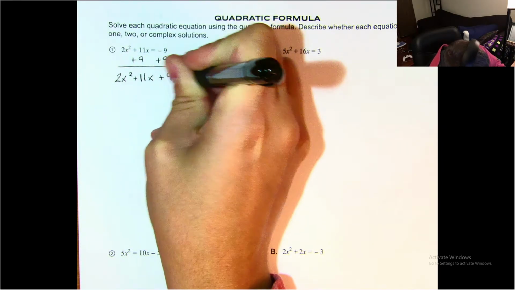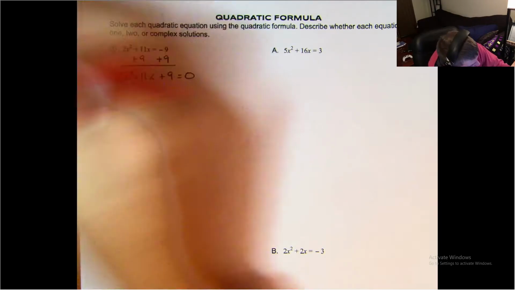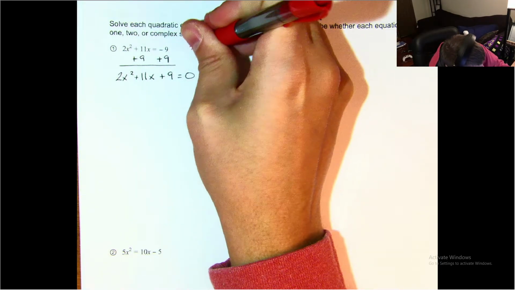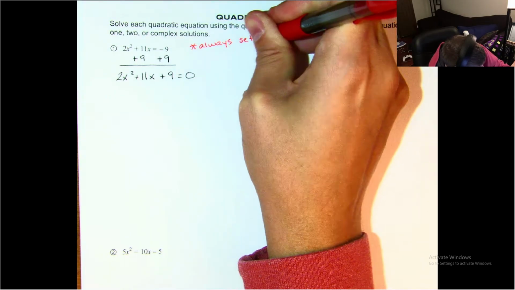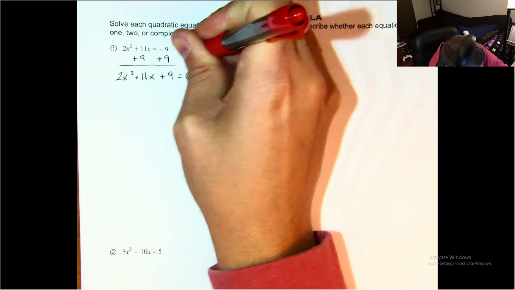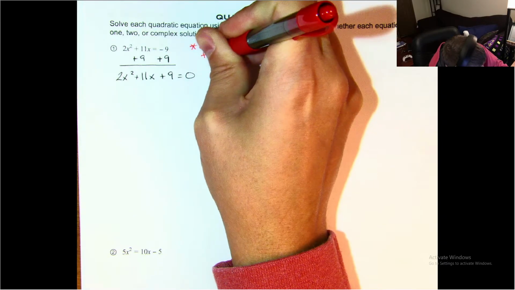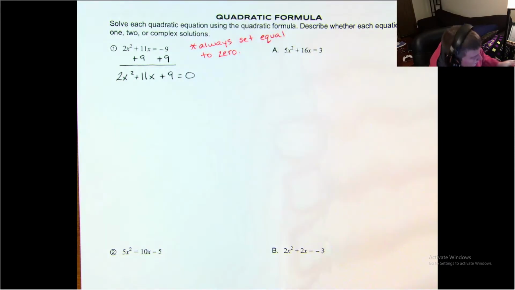Okay, now we should even put a little note: we always want to have it set equal to 0. When we complete the square, we want the a value to be 1.